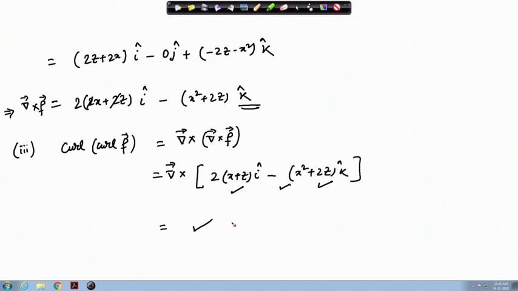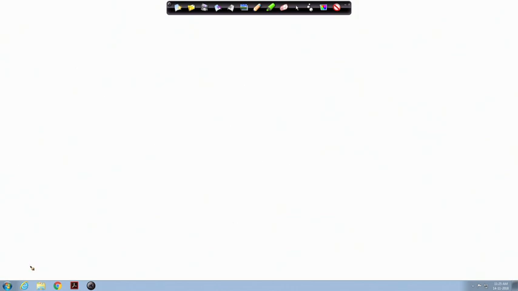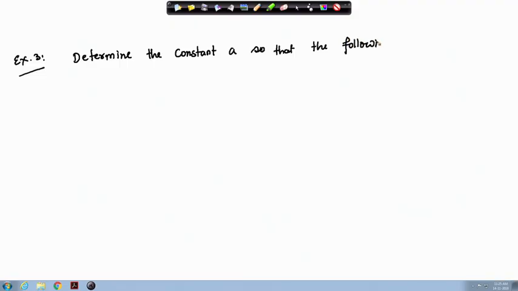Now, we will consider some slightly different types of examples. So, let us start with them. Here this says: determine the constant A so that the following vector field is solenoidal.